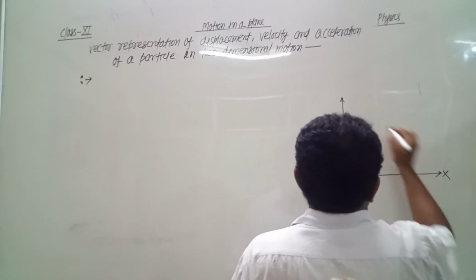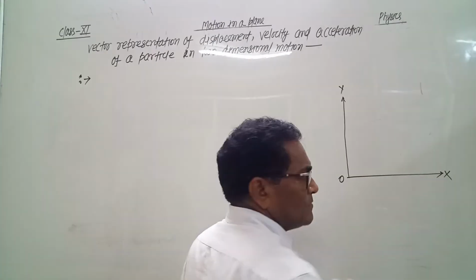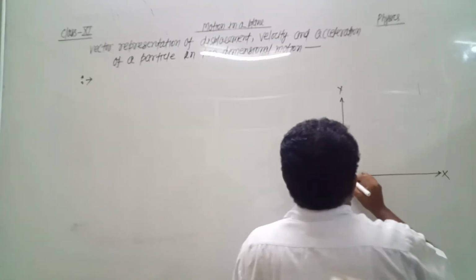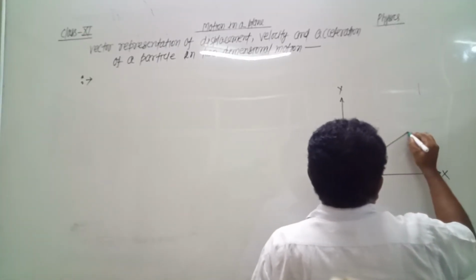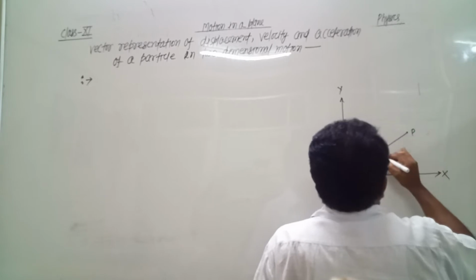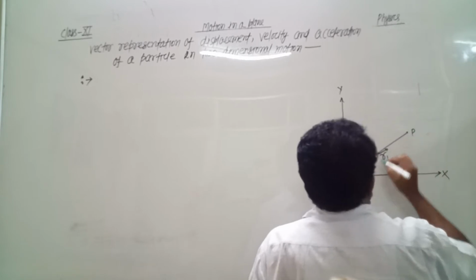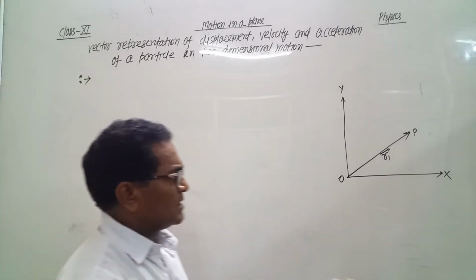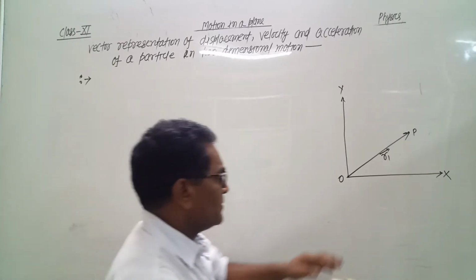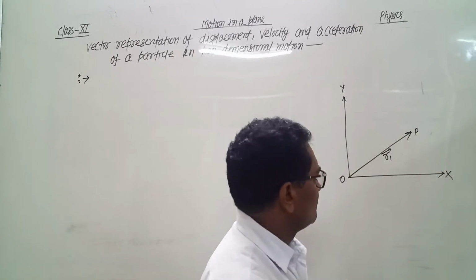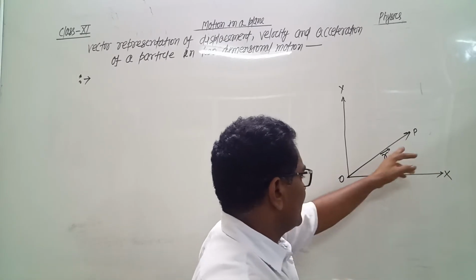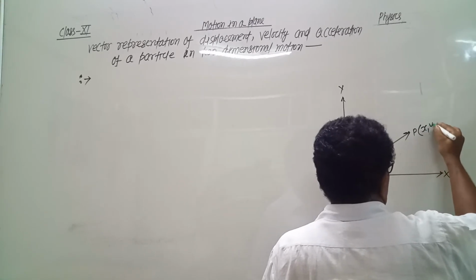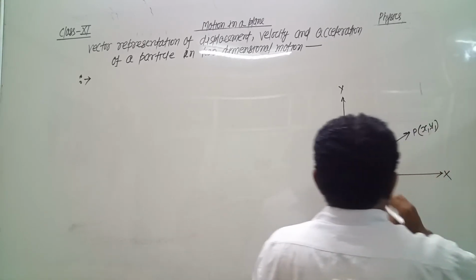O, X and Y. Let at time t1 the particle be at point P and its position vector is r1, and the coordinates of point P are x1, y1.